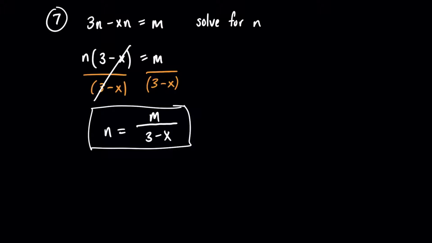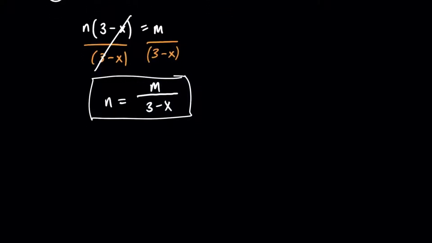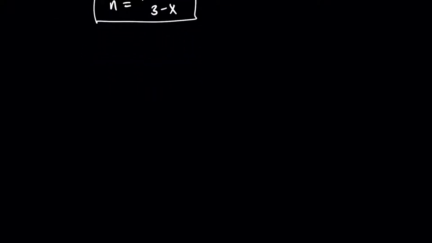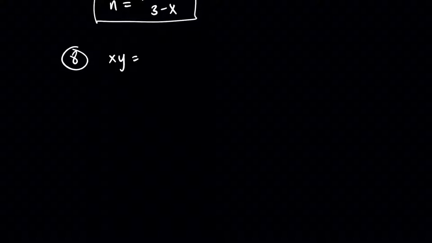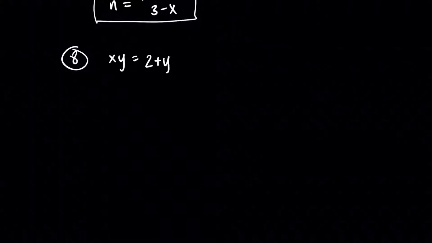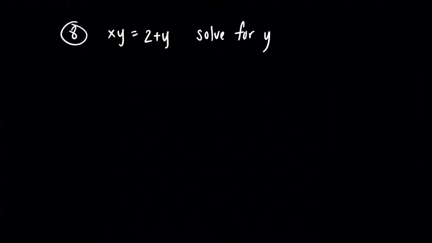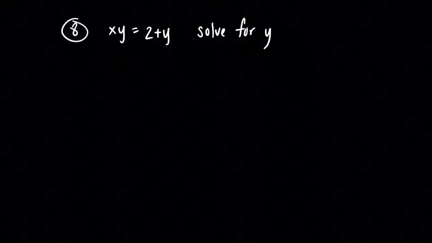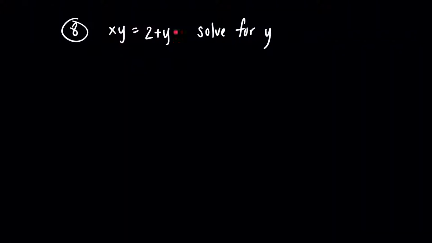Okay, just want to do one more like that. Then we'll be done here. All right, so number 8. What if we had xy is equal to 2 plus y, and I asked you to solve for y? Go ahead and get y by itself. The only reason that this is more complicated than the last problem is because we've got a y on the left side and a y on the right side.